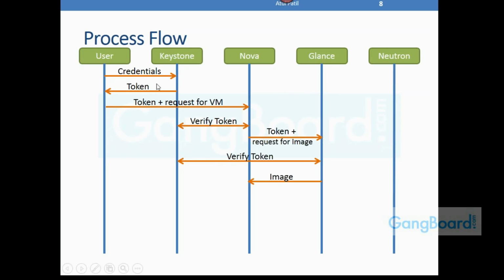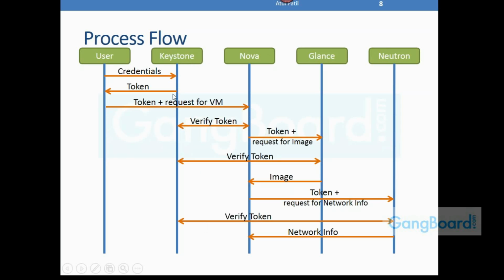Now we have the authorized person authentication and we have provisioning. Then we have the ISO image file. Now we require the networking, right? Same thing: Nova will talk with Neutron using the same token. The same token is used for the whole process. We require network information for this token. Again, Neutron will talk with your Keystone: we got this token, can you just verify?